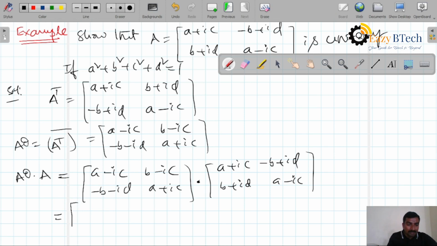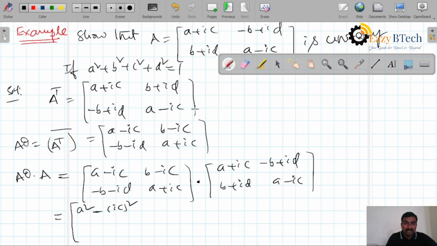If you see the first one, first multiply with A. Simply, this is a minus b into a plus b, a square minus b square. A square minus b square means minus ic square. Into b minus ic into, just a minute.